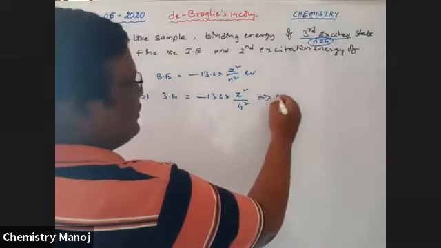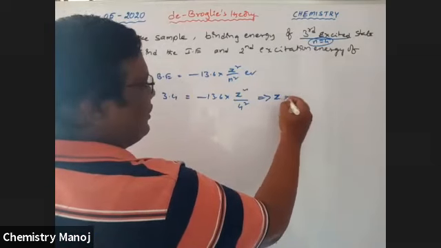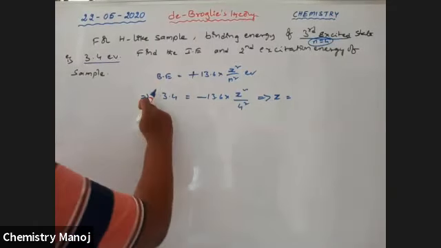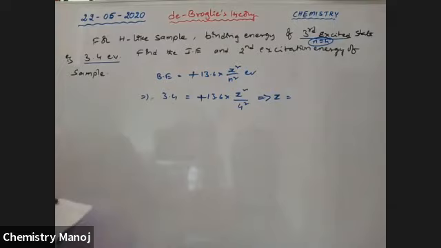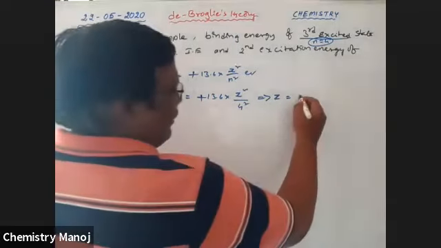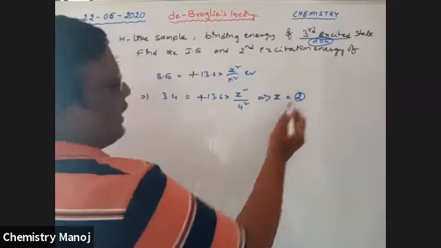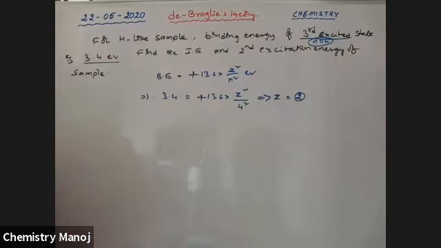From this, after final calculation, Z is equal to 2. Binding energy is sometimes taken as positive also. After simplification, the atomic number of that element is 2.